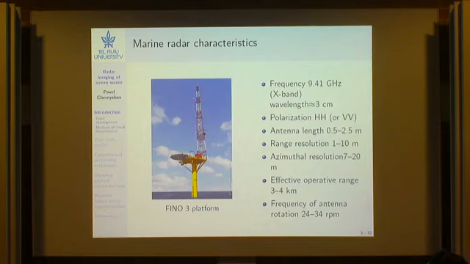A big antenna gives a better azimuthal resolution. I will discuss this a little bit later in detail, just to understand the range of parameters. Operative range is up to 3, or depending on the power, probably up to 7 kilometers, and the frequency of antenna rotation is roughly 30 rotations per minute.